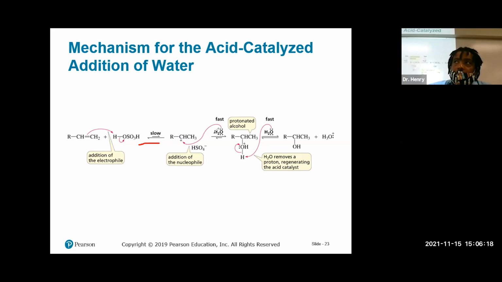So now the oxygen on the water can provide its electrons to the cation, the carbocation.